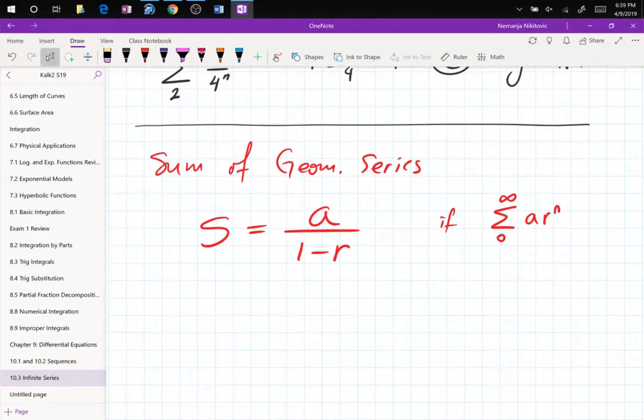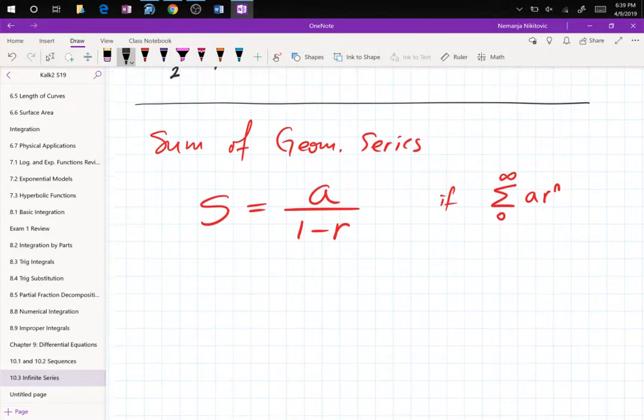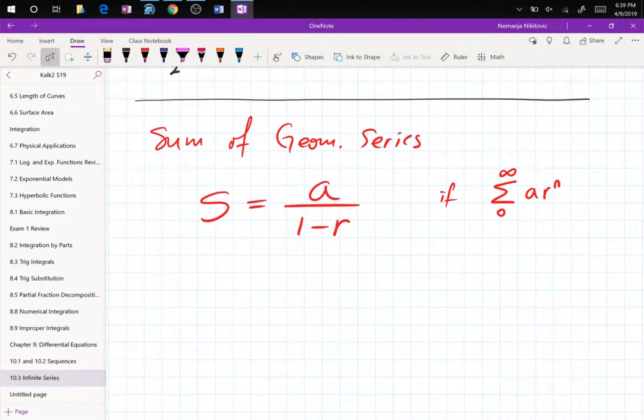Okay. So, vanilla example first. Summation of 3 divided by 5 to the N from 0 to infinity.